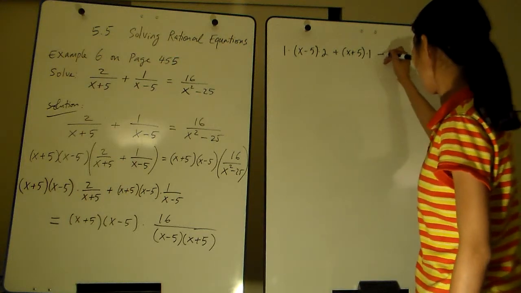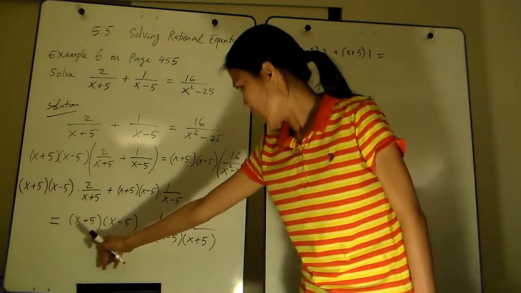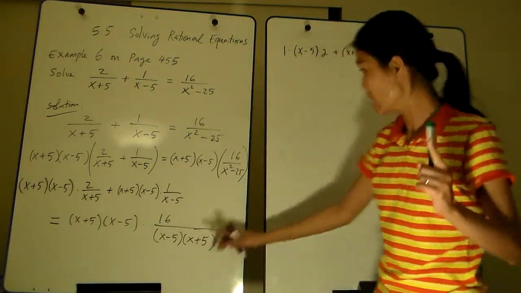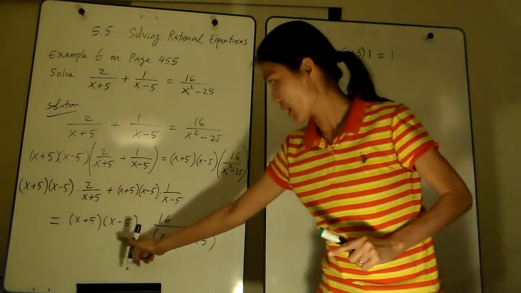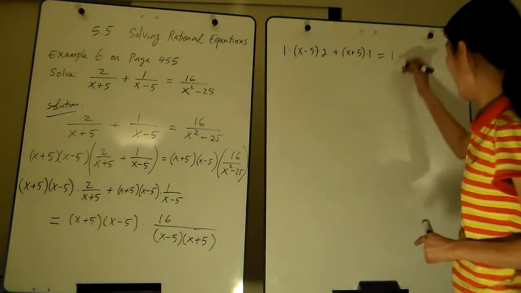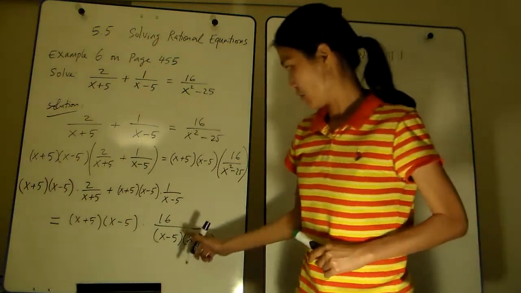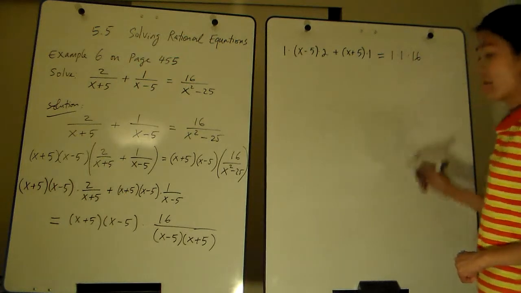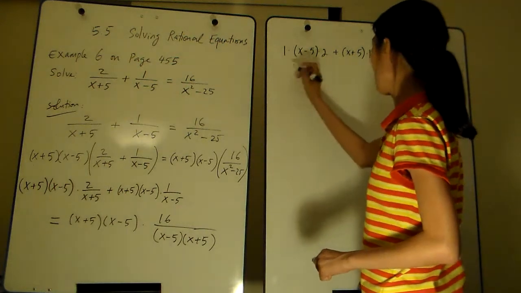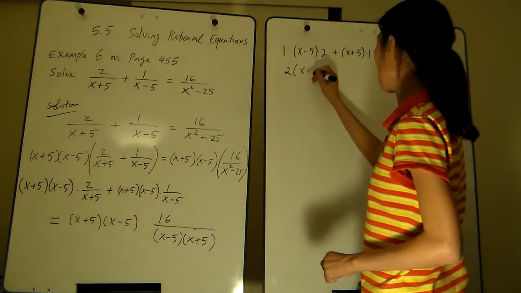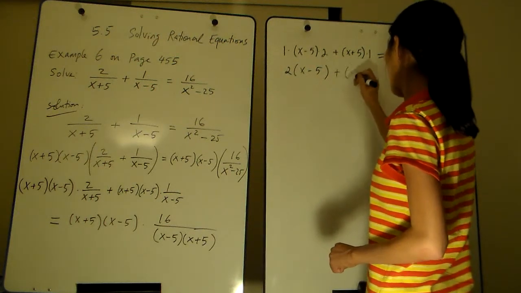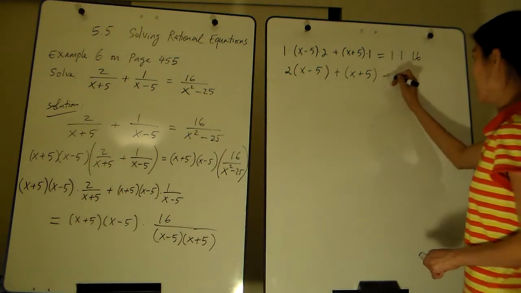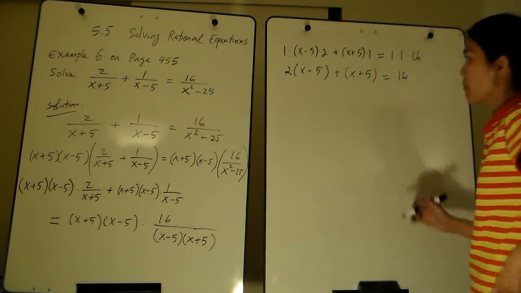On the right, this x plus 5 divided by x plus 5 is 1, and this x minus 5 divided by x minus 5 becomes 1. So the only remaining factor is 16. Simplify further: 1 times 2 is 2 times x minus 5, plus x plus 5, equals 16.